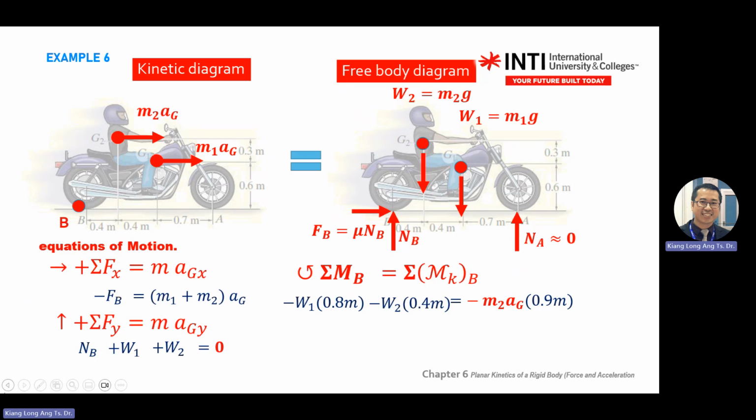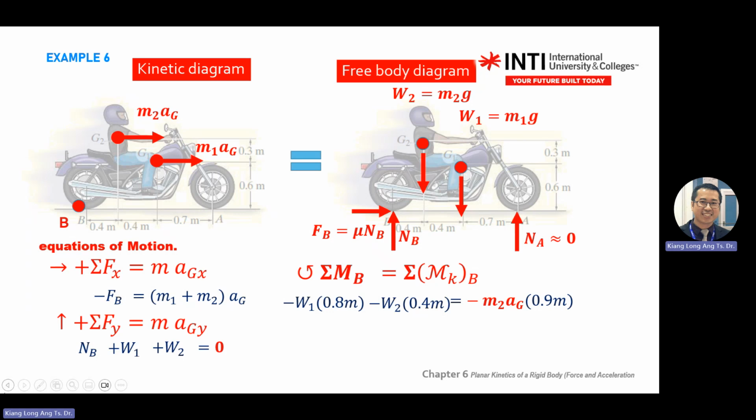What about moment? Moment at point B, you put your hand here. W1 generates clockwise direction, W2 generates clockwise direction. NA, you don't have NA. So you have W1 multiplied by the distance, 0.8, 0.4, equal to moment in B here, kinetic diagram.